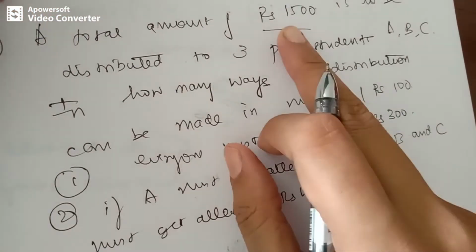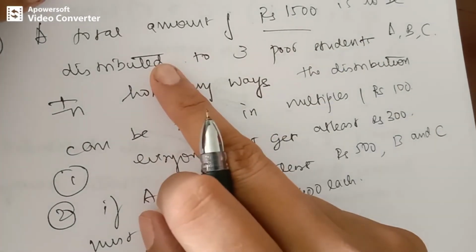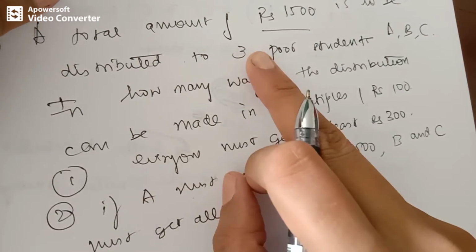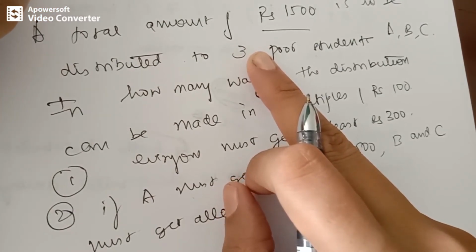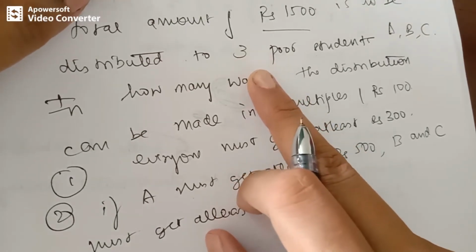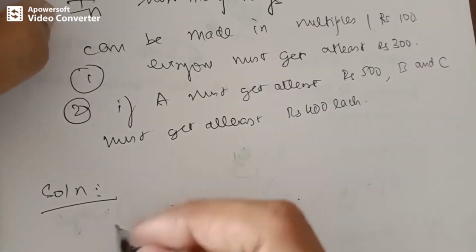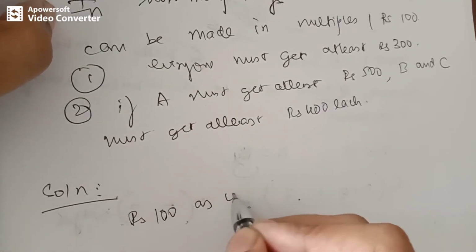So first of all, we must know this much amount, 1500 rupees, must be distributed among those 3 children A, B, C, and they have to be distributed in multiples of 100. So what we do is, first of all, we take rupees 100 as a unit.